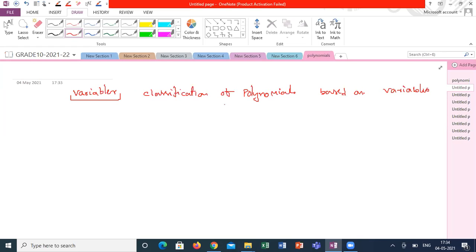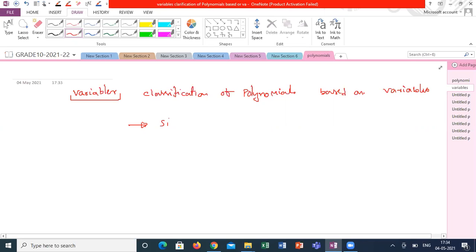So monomial, binomial, trinomial. That is the number of terms. That is a little different, no? Monomial, binomial, trinomial, polynomial in the sense of more than one term.